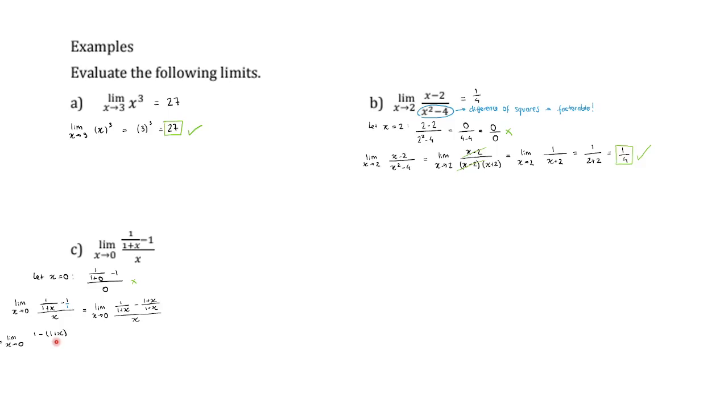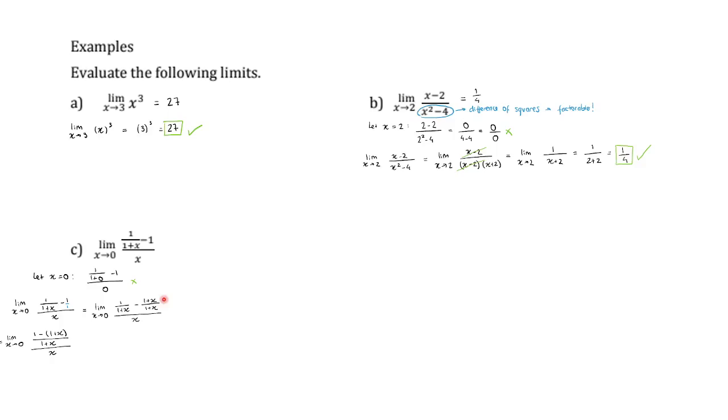Here note that we do have to put that second term in brackets because that negative sign affects the entire numerator. It's not going to affect just that 1, but it's also going to affect the x, right? And then this is going to go all over the same denominator, which is 1 plus x now. And then that whole expression is going to be over x.